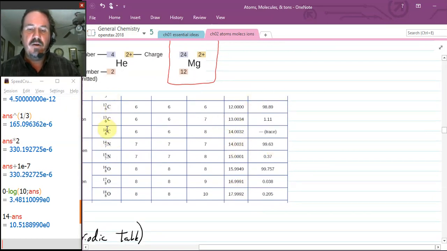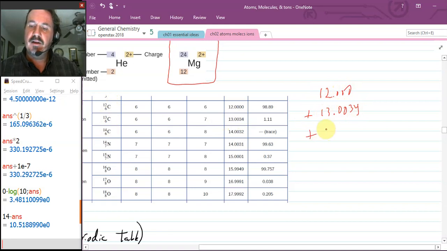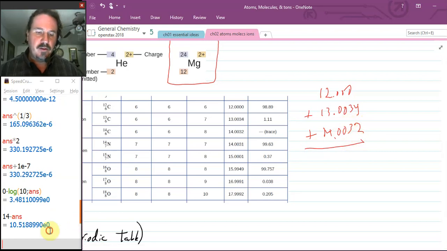Say I wanted to average those together. I know how to take an average. The mass of the first one is 12.000. I would add to that the second one, 13.0034, and then add the next one, 14.0032.